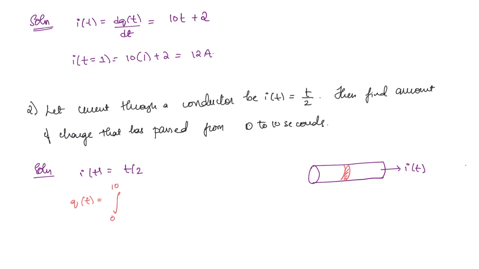So 0 to 10 I of t dt. What is the integration of t by 2? It is t square by 4 from 0 to 10. So you're going to get 25 coulombs. 25 coulombs has passed from 0 to 10 seconds if you take any elementary cross section.